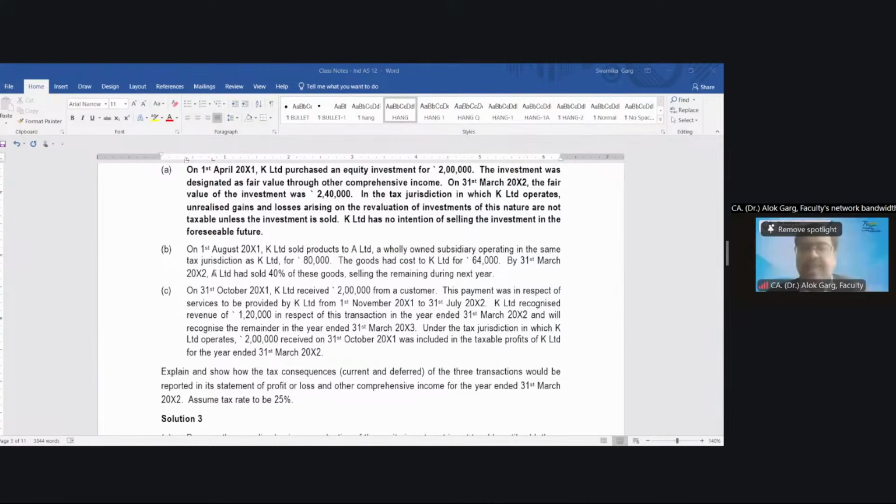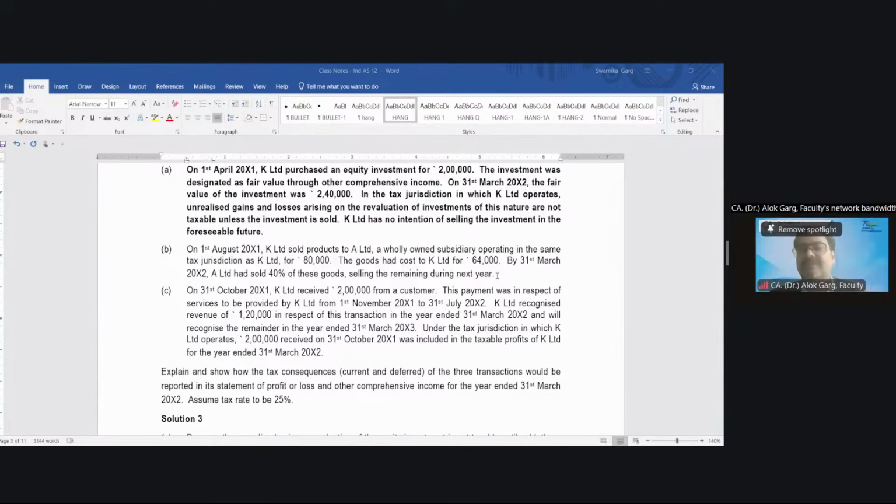By 31st March, A Limited has sold 40% of these goods, selling the remaining during next year. So first of all, in the books of parent, the revenue was 80,000 and the cost was 64,000. In the books of subsidiary, what is the cost? 80,000.